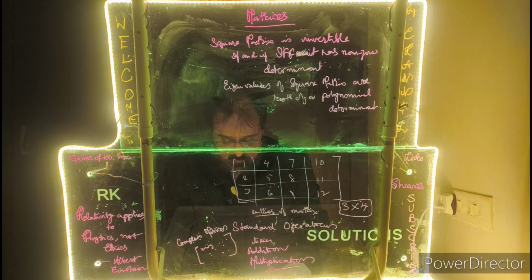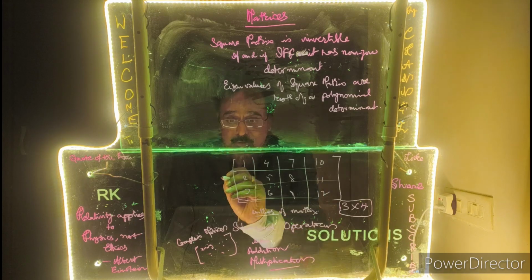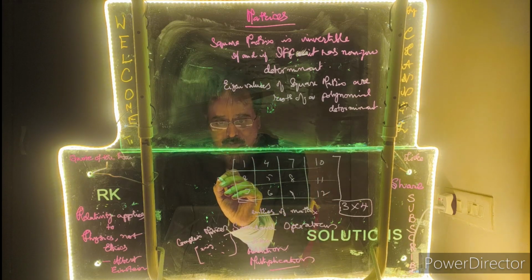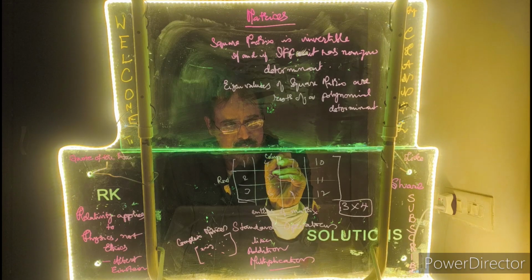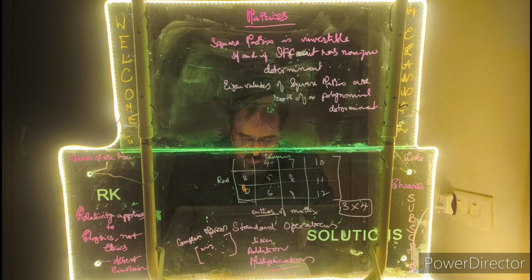And we already know, these are the rows, these are the columns. So how do we represent the matrix?